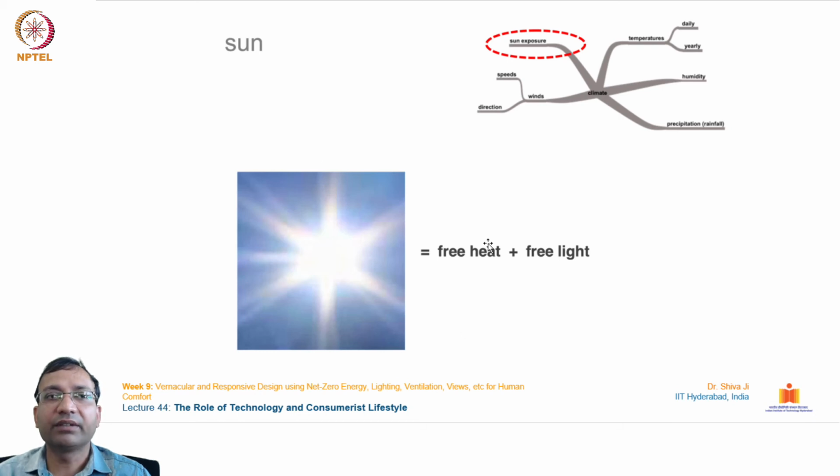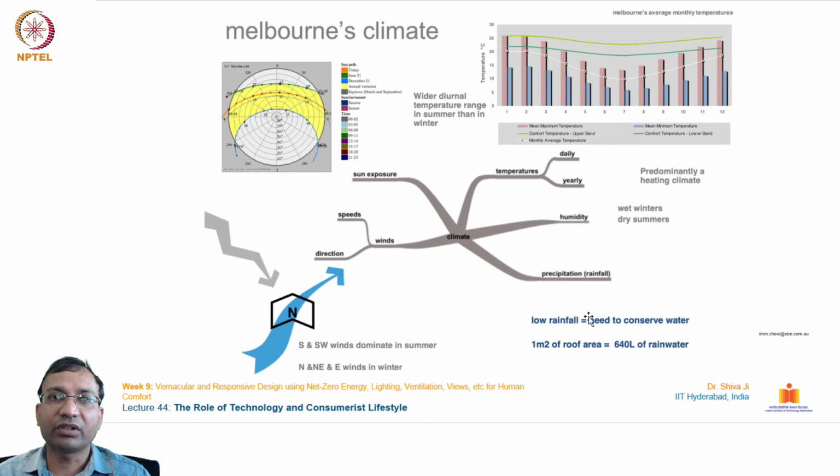Further, the sun gives us free light, free heat. So how well we can utilize it, and in those months when we do not want it, how well we can avoid it, by choosing strategic methods. You can see this is a climatic chart of the city of Melbourne in Australia.